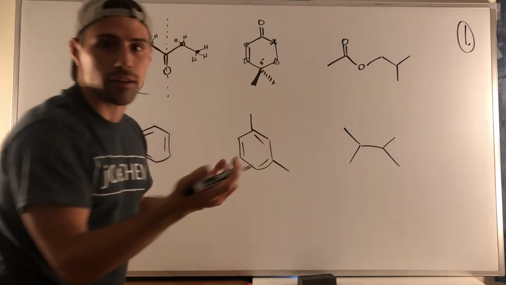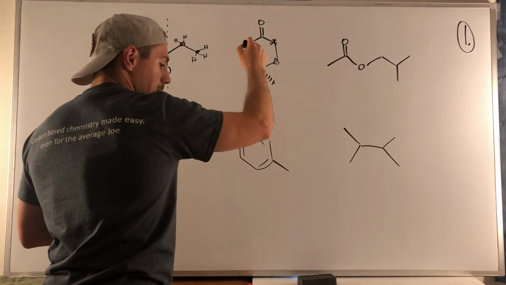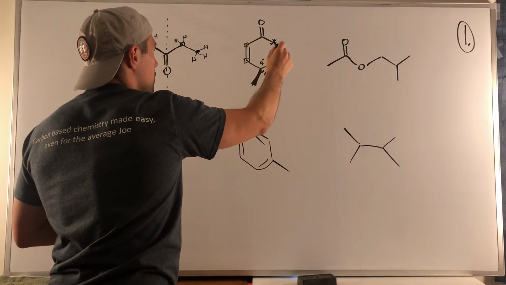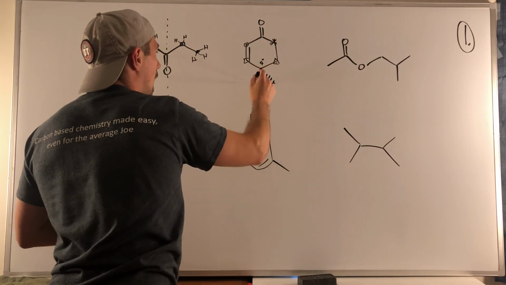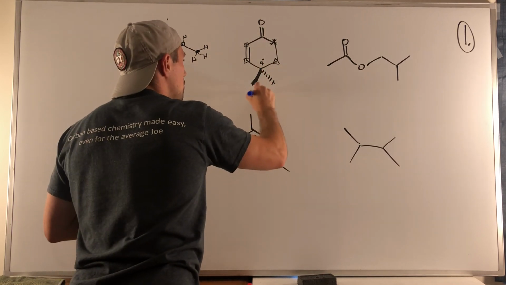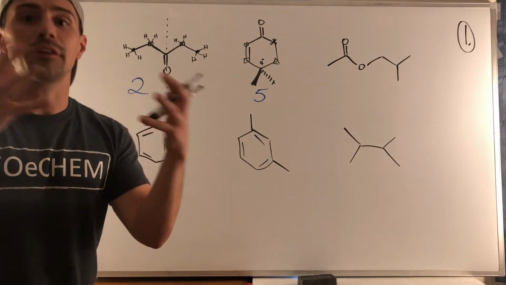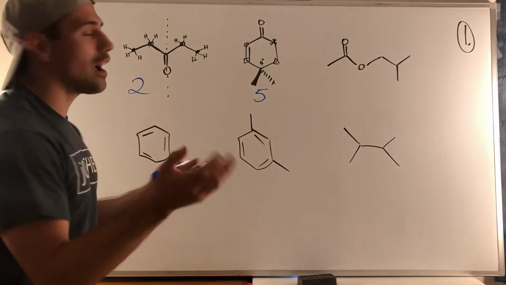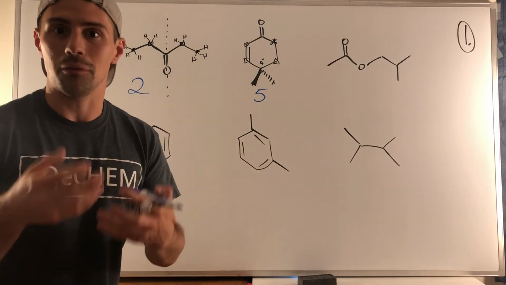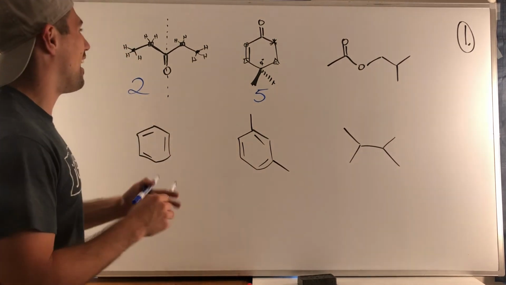And I'm now running out of shapes. But this would be 1, 2, 3, 4, 5. So 5 total unique positions, unique areas of hydrogens, if that makes sense. 5 unique hydrogens, you know what I'm saying.